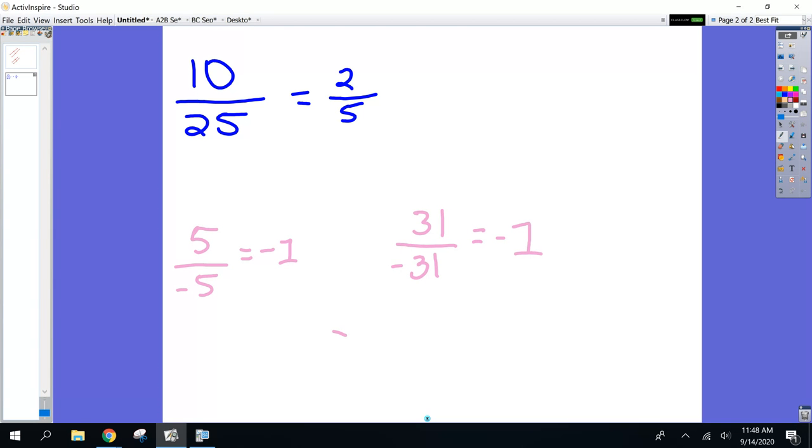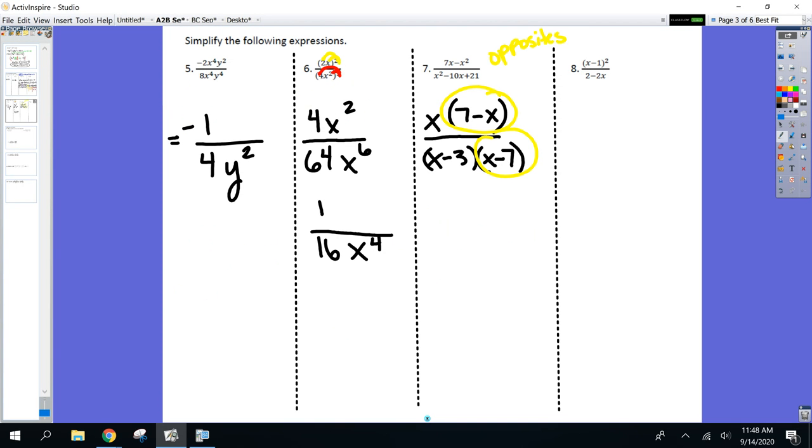If you divide 2 opposites, what are you left over with? A -1. You divide 2 opposites, you can get rid of them, but you got to be left with a -1. Where you put it is up to you. We can put it in the numerator, the denominator, but never both. So I'll put it right here.